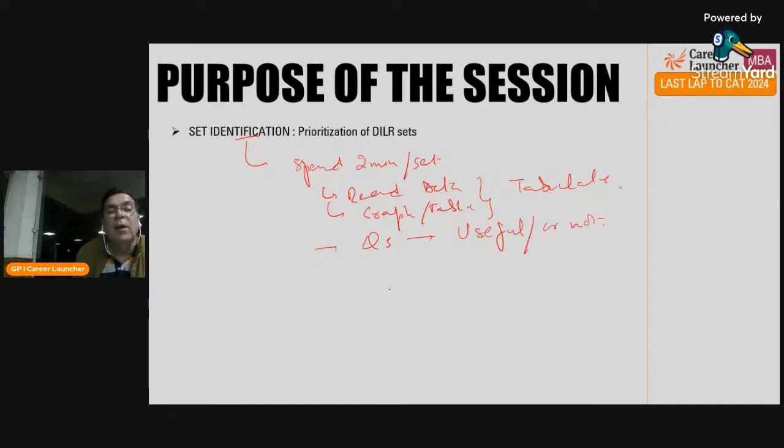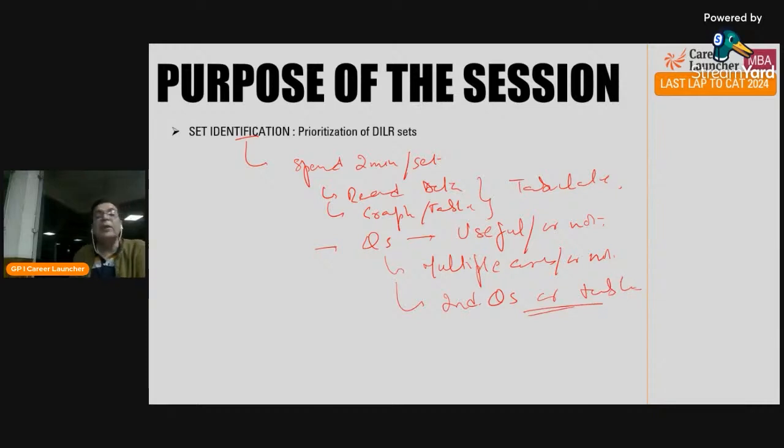Also, the questions will confirm to you whether you will need multiple cases or not. They will also tell you whether these are independent questions or you need to make a table. So this is what you need to be doing. In about a couple of minutes, you should be able to do it. And when you're reading the data set, you should also be able to pick out how you will be tabulating the table, or what kind of table you need.